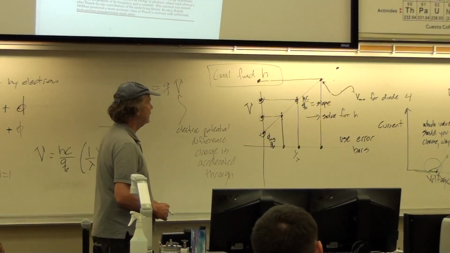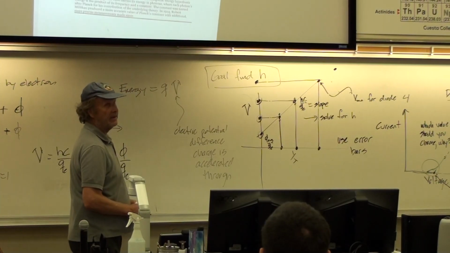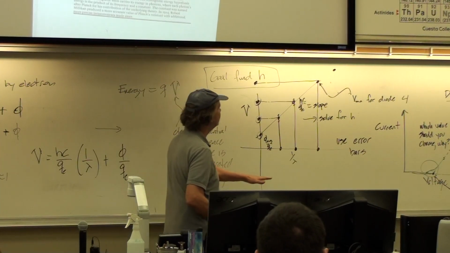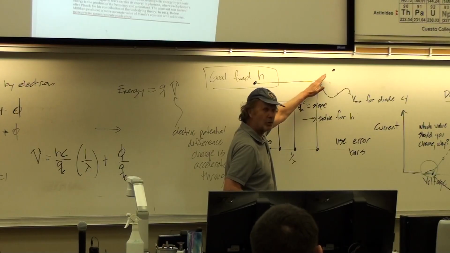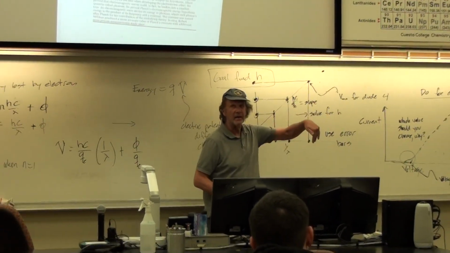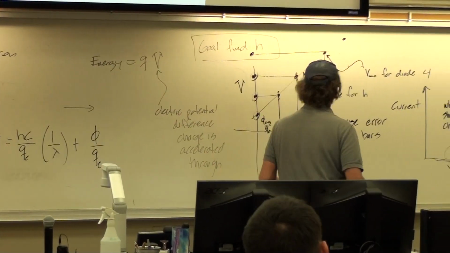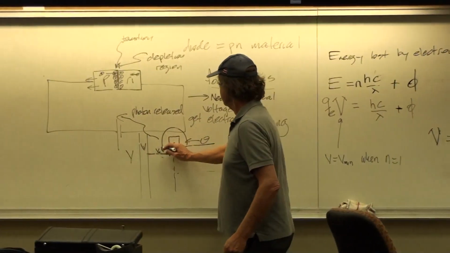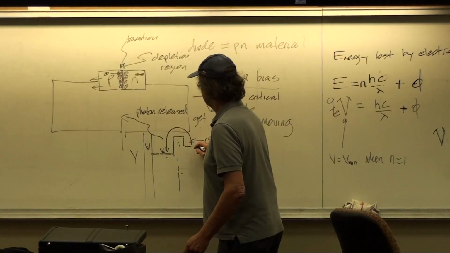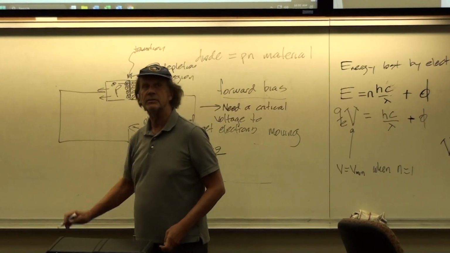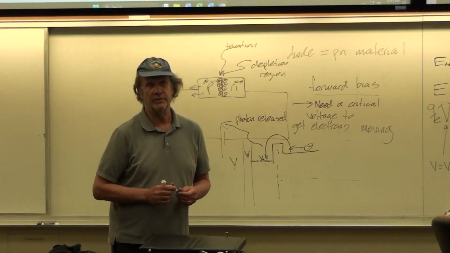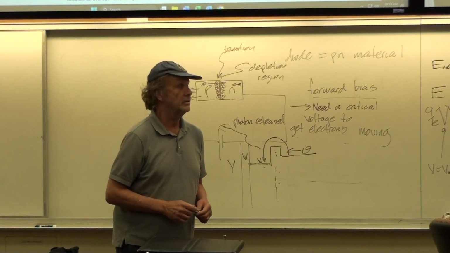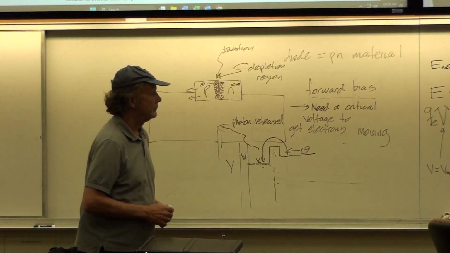So as 1 over lambda goes up, that means that lambda goes down. Okay, so as lambda goes down, the energy goes up, and so you need more and more voltage to get over that peak. And at that point when you get over the peak, then the photon that's released is going to have a difference in voltage, and that'll result in a higher frequency photon, okay, or a lower wavelength photon.